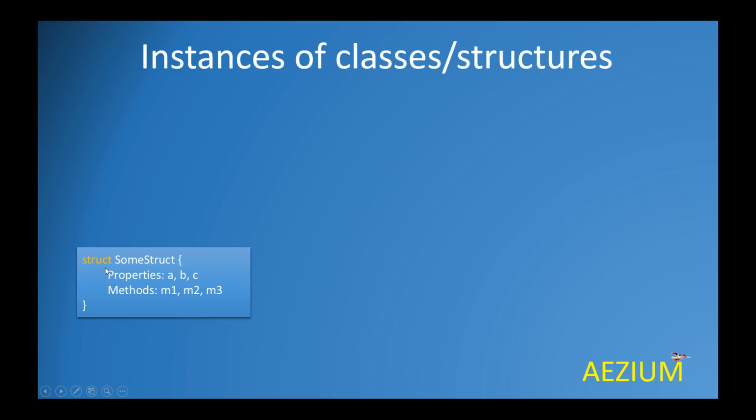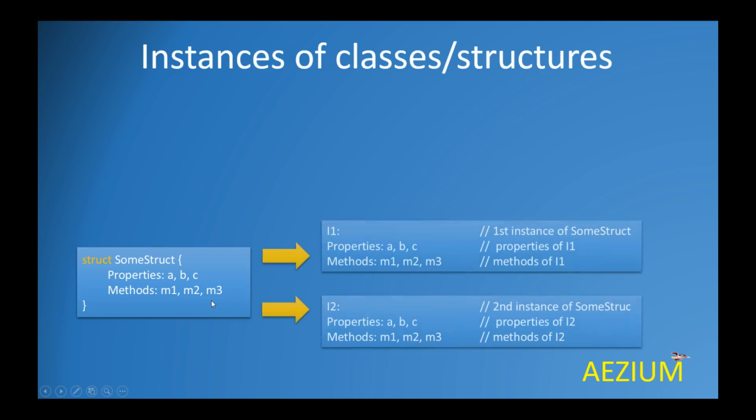So, for instance, for a structure defined like this, we have three properties called A, B, and C, and three methods called M1, M2, and M3. Then we could have multiple instances of this structure. In this example, I'm just showing two. This is not the syntax.